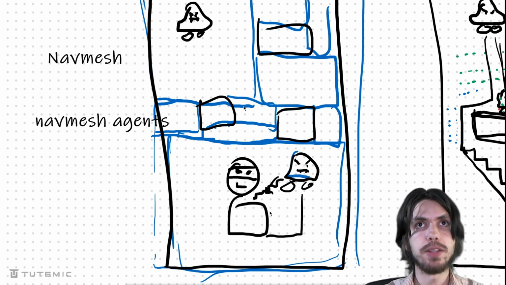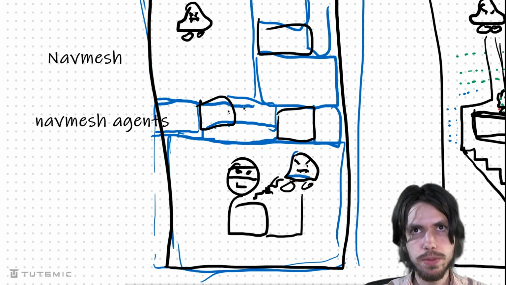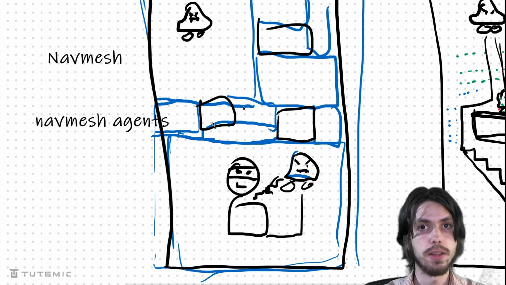But if the agent is up here, then in order for it to get to the goal, it will go into the graph search algorithm mode, if the goal and the agent are not in the same polygon.